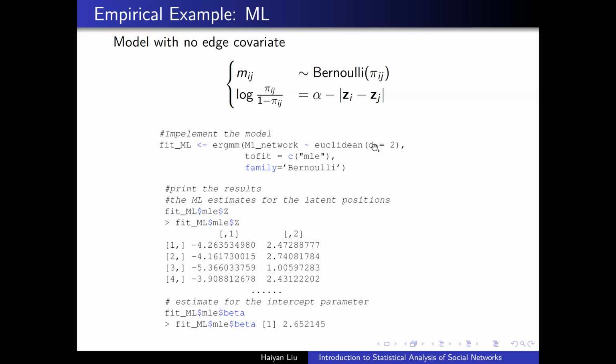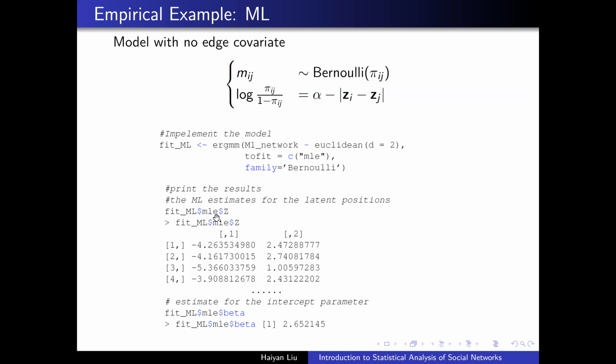If we use 2 dimensions, then we just tell the function d equals 2. Now we tell the function we would like to obtain a maximum likelihood, so we choose MLE here. And then the family is Bernoulli because we have a binary relationship or binary network. We then save the fitted object to a name, fit ML.